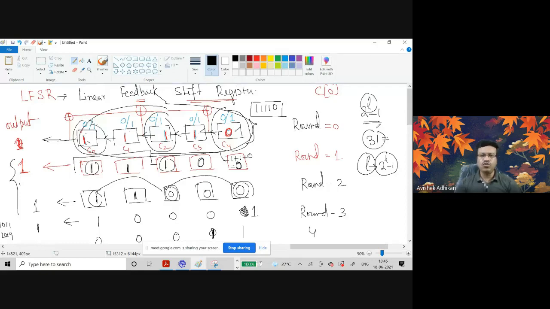But if you choose carefully, it will give you a period of length 2 to the power L minus 1, that means 31. Finite fields, Galois field constructions, are used here to show this, but I'm not going into the details. If somebody is interested, he or she may have a look at it.